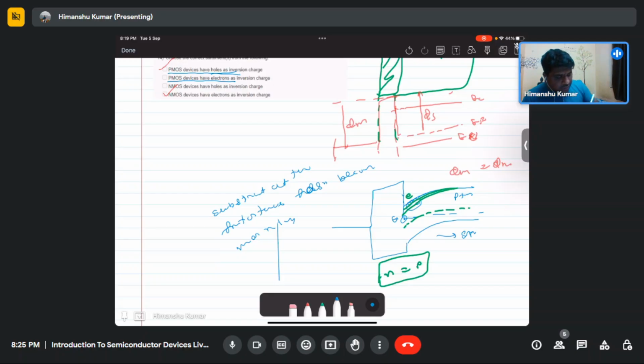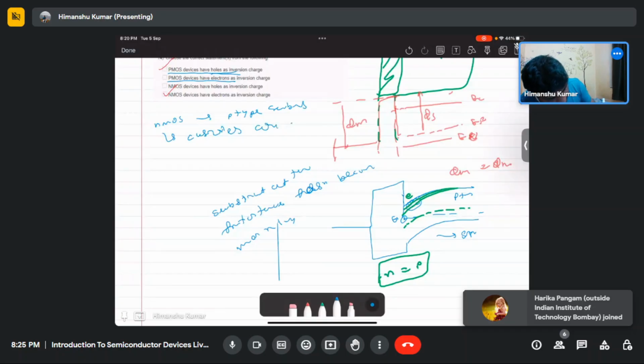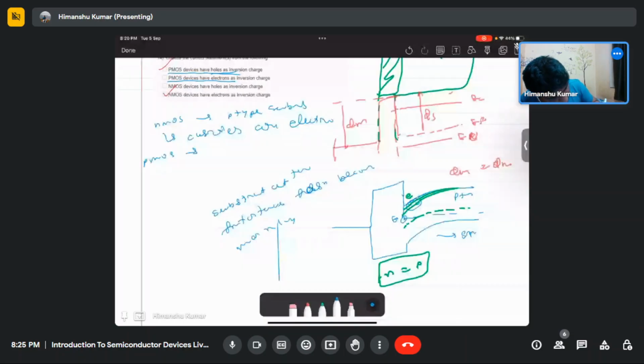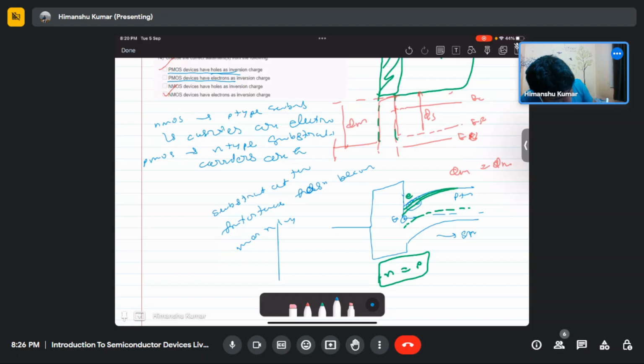So NMOS has a P type substrate and carriers are electrons. Similarly, PMOS has an N type substrate and carriers are holes.